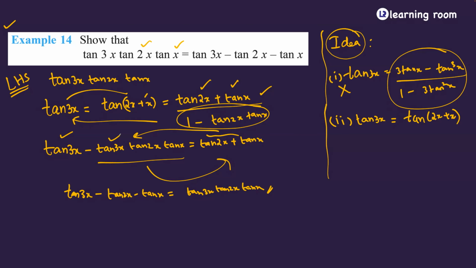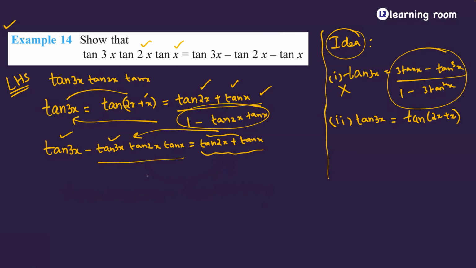Now is it clear? Sir, are we ignoring tan 2x and tan x, because we're only considering tan 3x here? I didn't ignore. Where did I ignore? See, this tan 2x plus tan x is there.